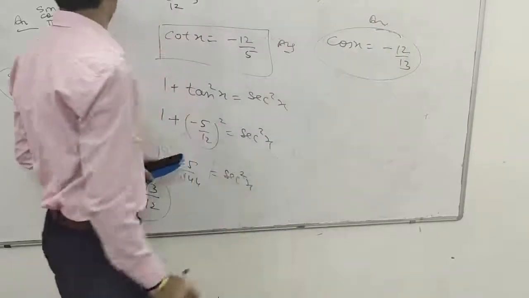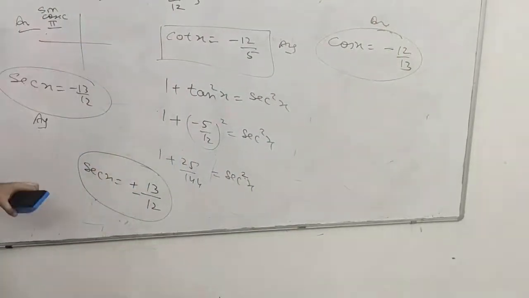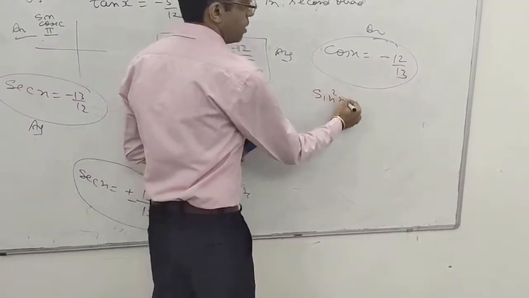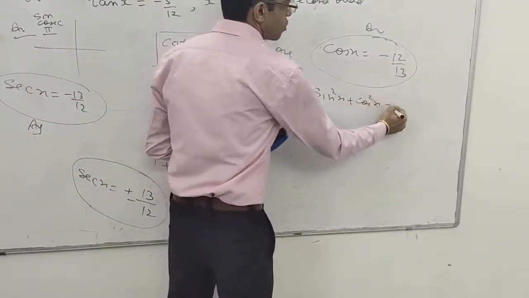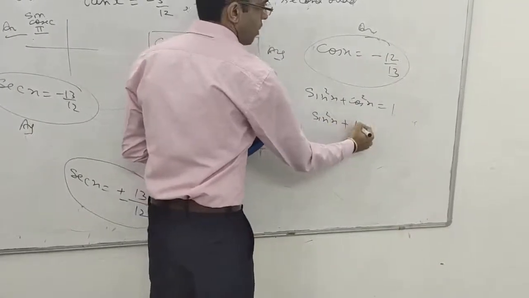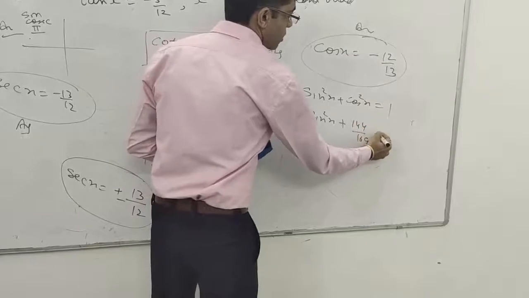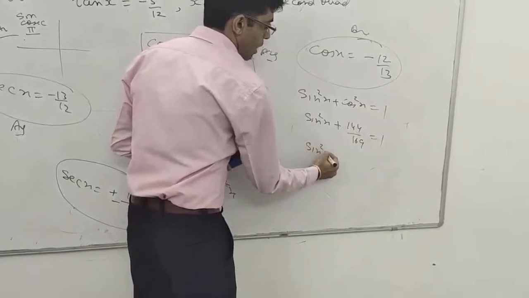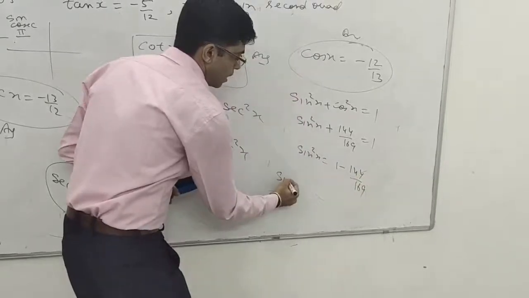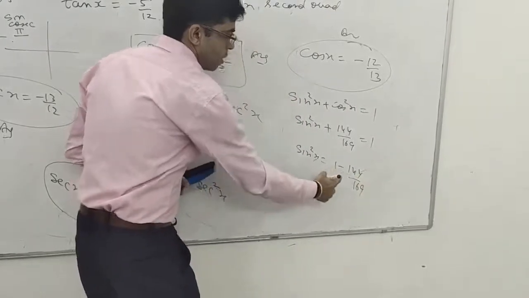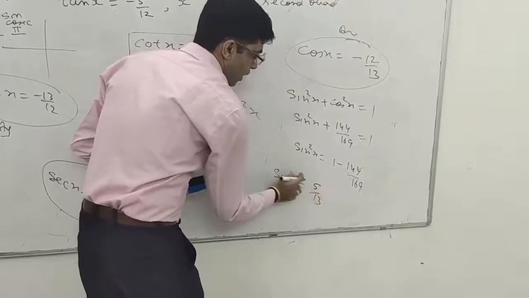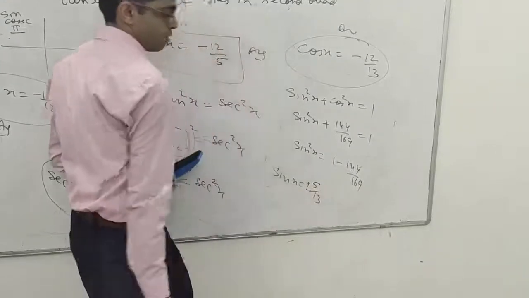Now what is left? Sin and cosec. So we know the identity: sin square plus cos square is 1. So sin square x plus 144 upon 169. Sin square x is 1 minus 144 upon 169, which is 25 upon 169. Sin x is 5 upon 13, and that is plus minus.